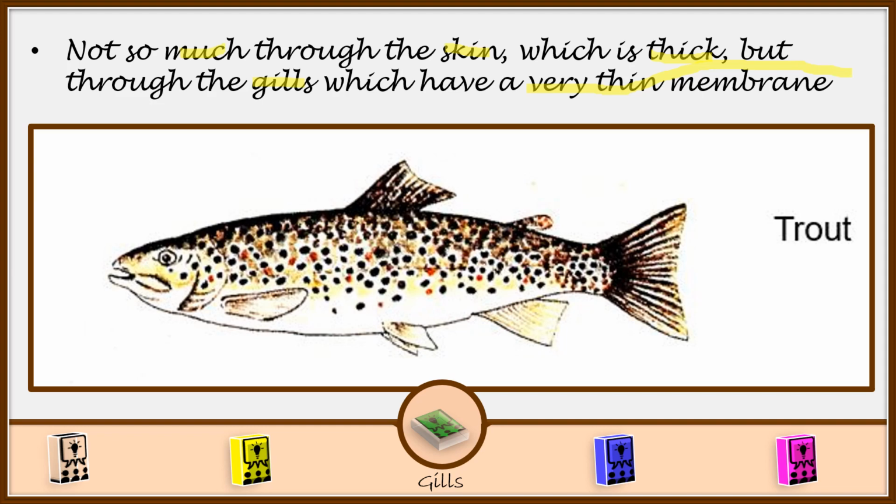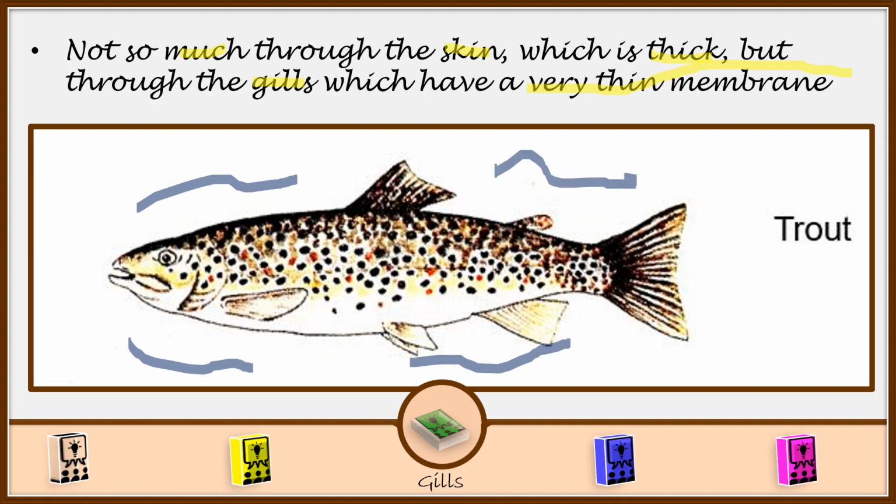Much of the water is going to pass through the mouth, and then it will go to the gills. Not much of it passes through the skin because the skin is very thick.